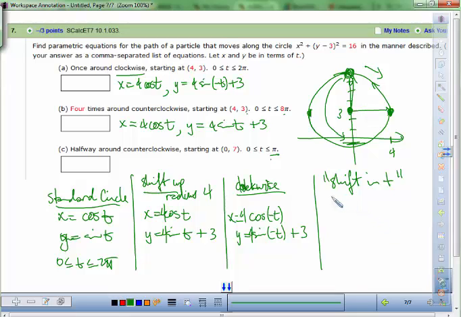What you could do is take that same function that we had and tack on a pi over 2 to it, then it would have gotten started pi over 2 ahead. And this is going counterclockwise, so it's going in the regular direction.